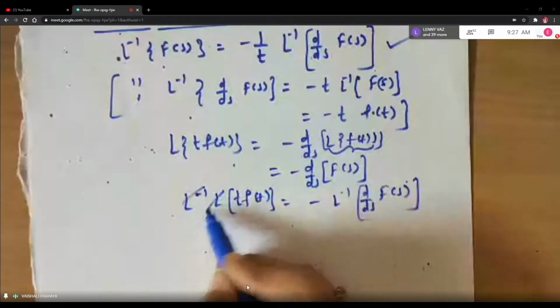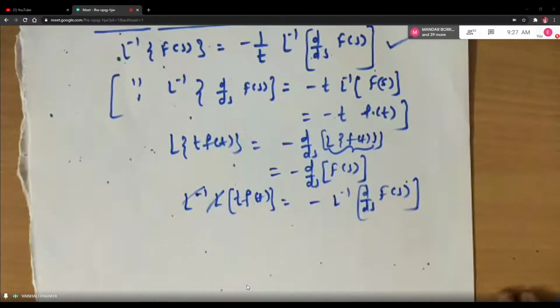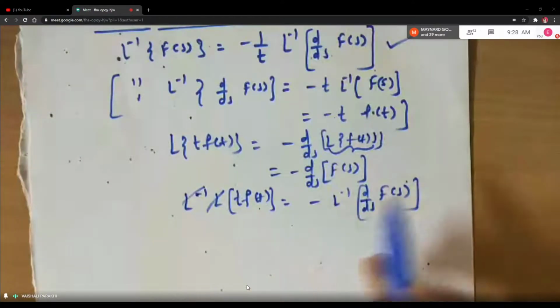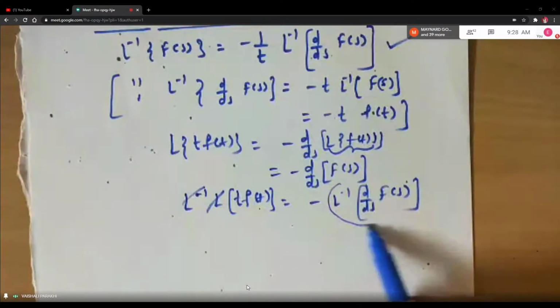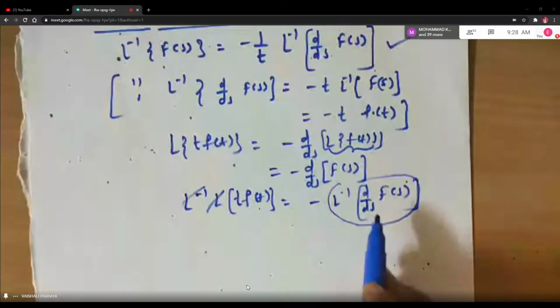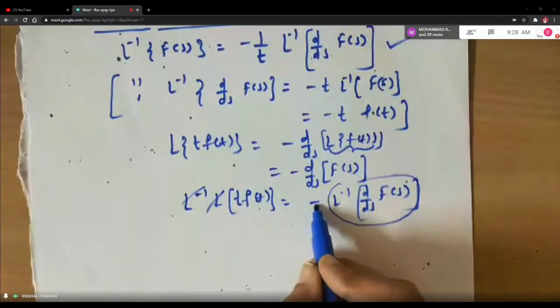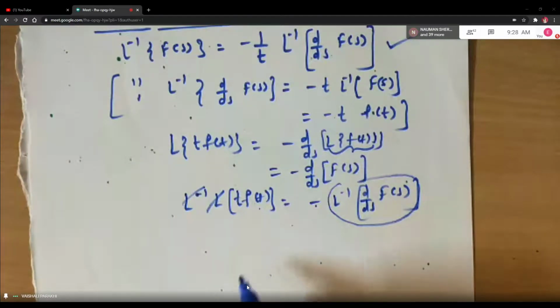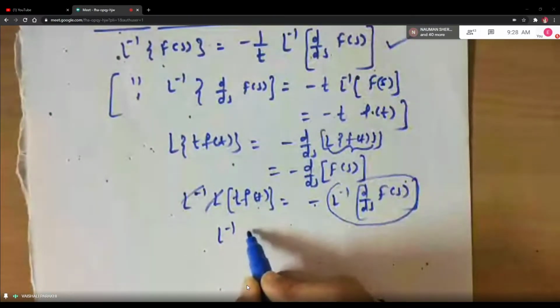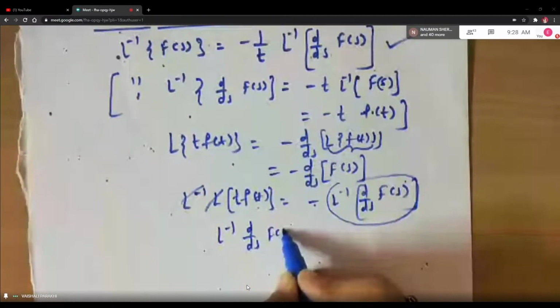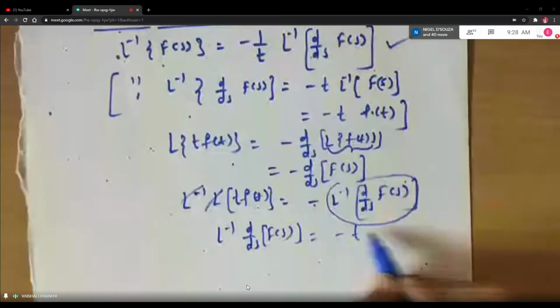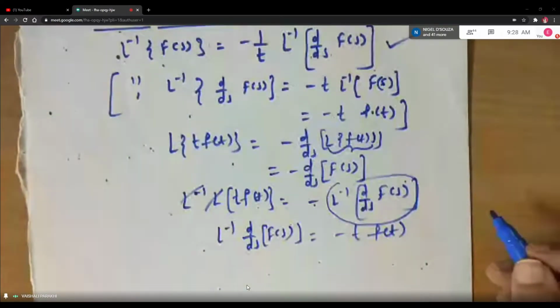Now, L inverse gets cancelled because it becomes L raised to 0 and anything raised to 0 is 1. So this is t into f of t. What I do here, students, I'll keep this term here and transfer the minus to the other side. So it will be L inverse of d by ds of f of s is equal to minus t into f of t. Correct?